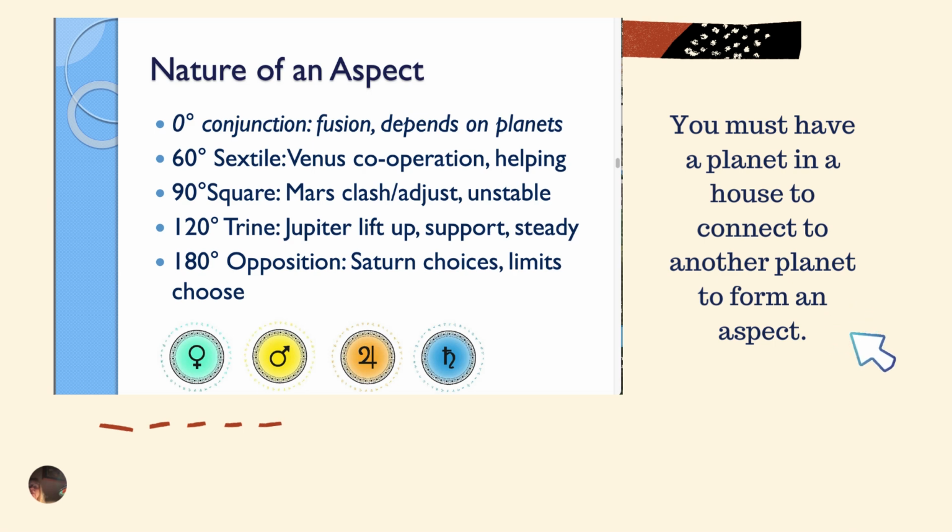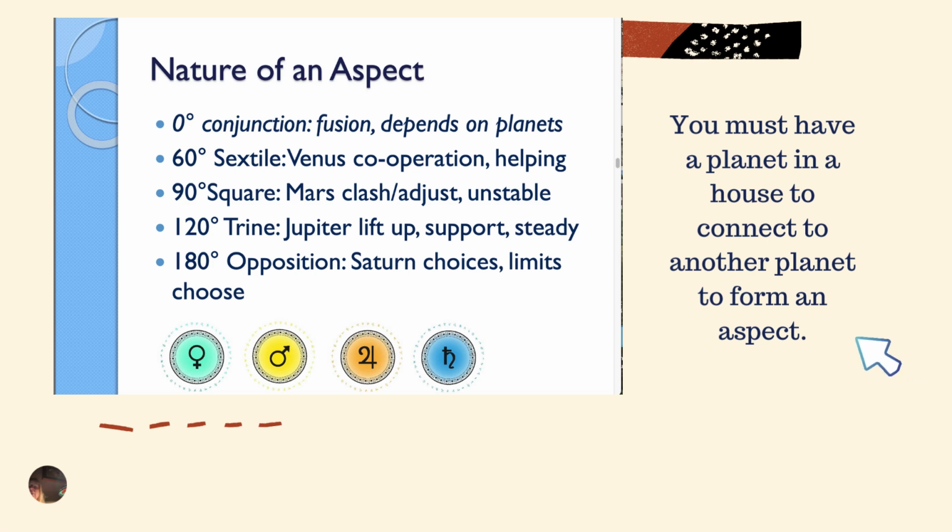Then you have a trine, which is 120 degrees. This vibe is a very positive vibe. In fact, the trines are the best aspects. It's got the energy of Jupiter. We know that Jupiter lifts up, supports, and steadies. So 2 planets that are in trine to each other are forming a great energy together.